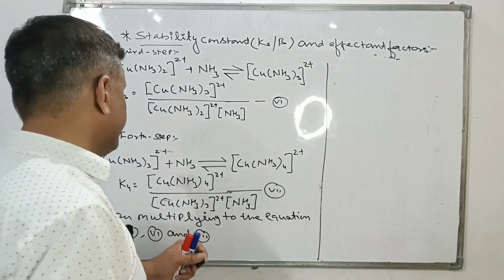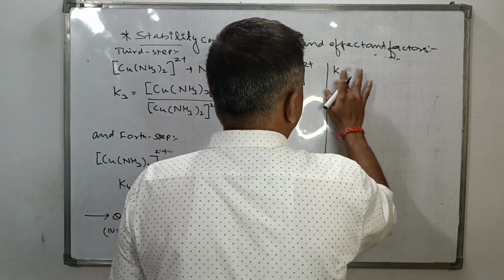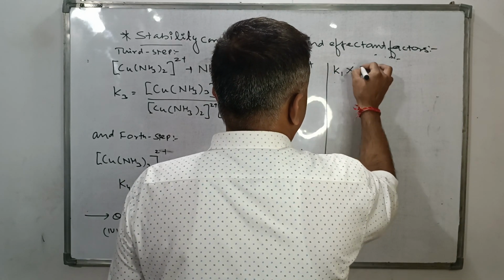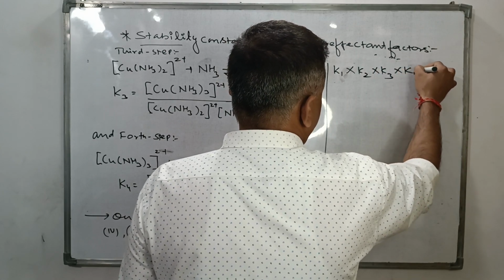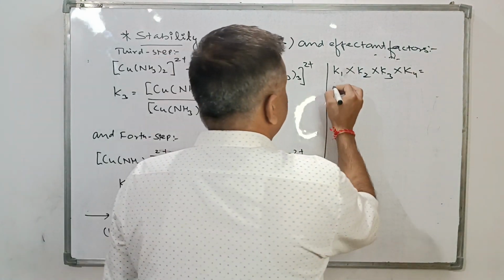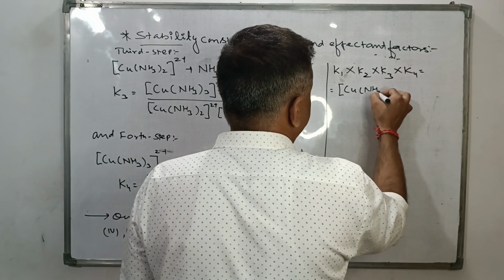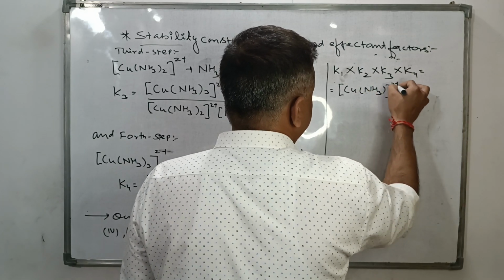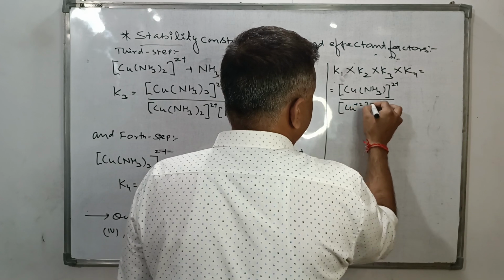This is your K1 into K2, K1 into K2 into K3 into K4 will be equal to the value of K1, which is [Cu(NH3)]2+ upon Cu2+ and NH3.